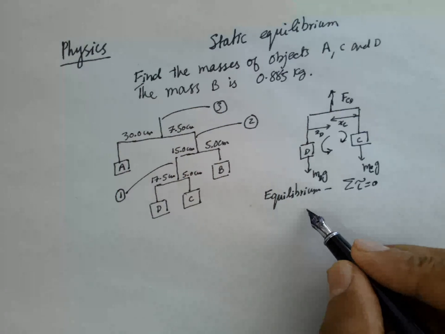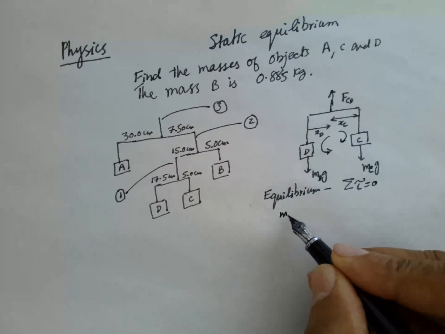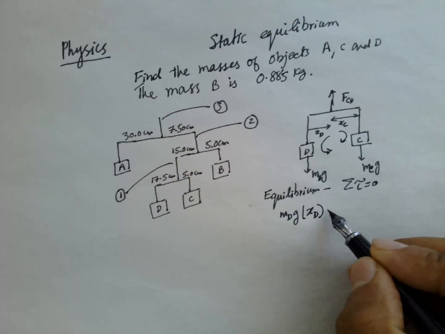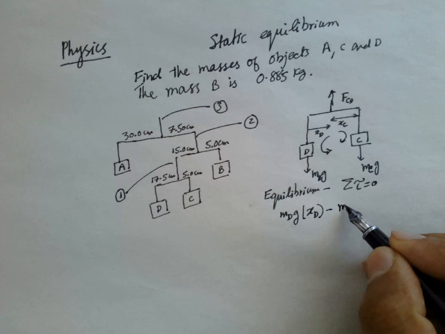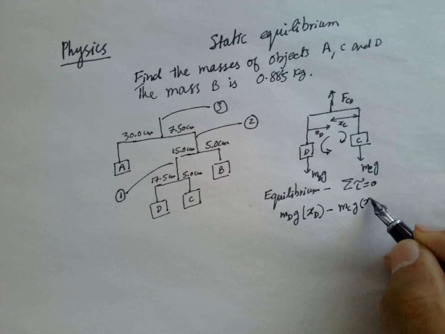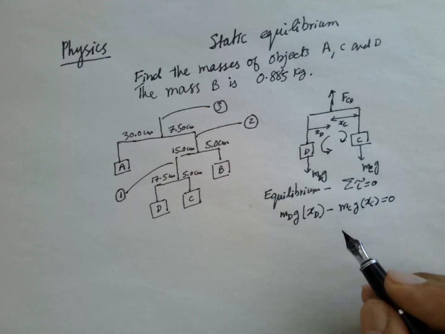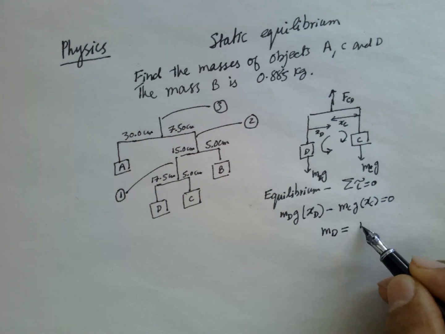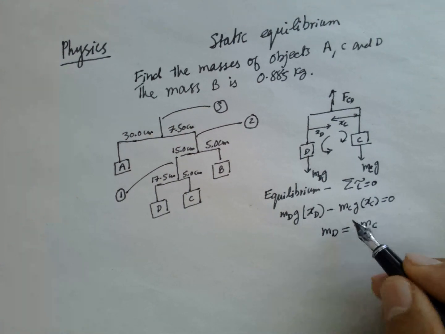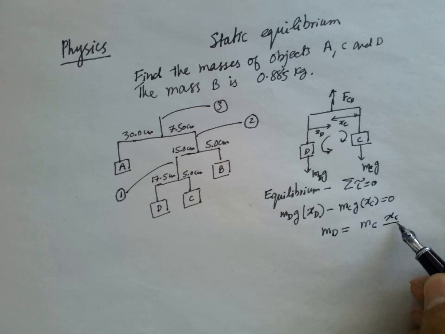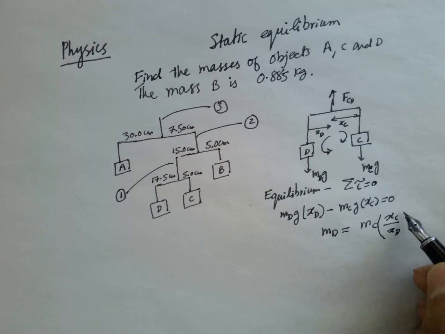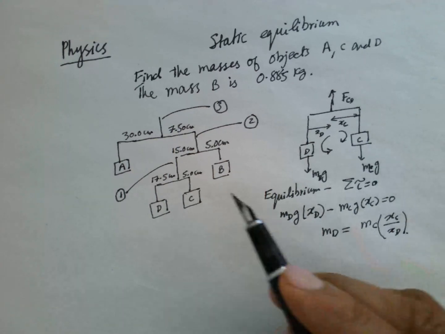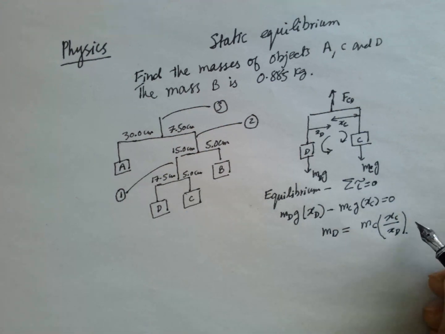So MDG times XD minus MCG times XC is equal to 0. So we can find M of D is equal to M of C, G cancels, XC over XD. XC and XD are given, which are 5 and 17.5.